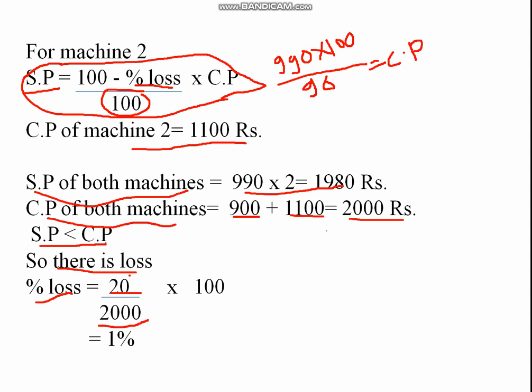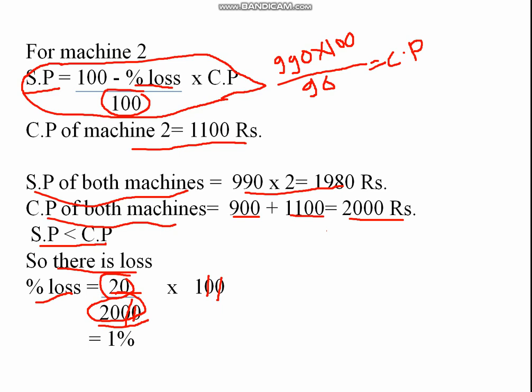The actual loss is 20 rupees, cost price is 2000, into 100. Simplify it, and we get the answer: percentage loss is equal to 1% in the total transaction.